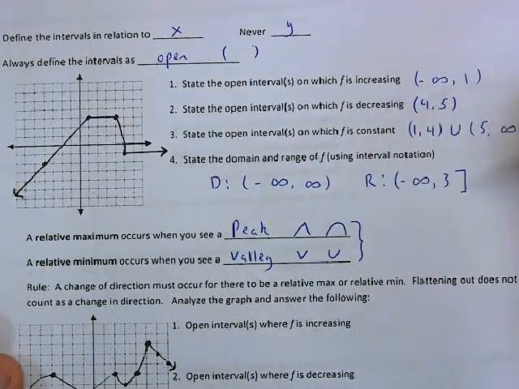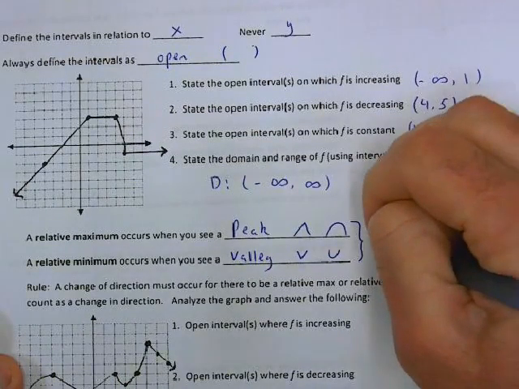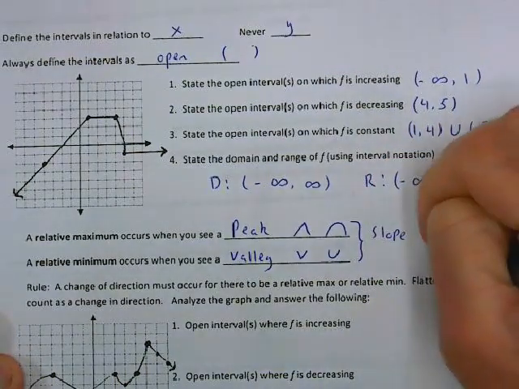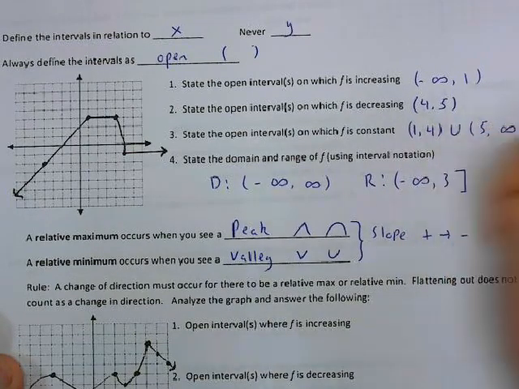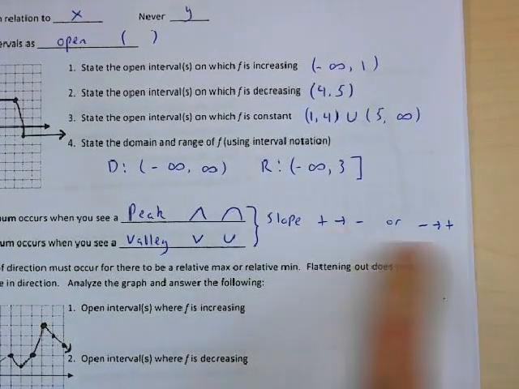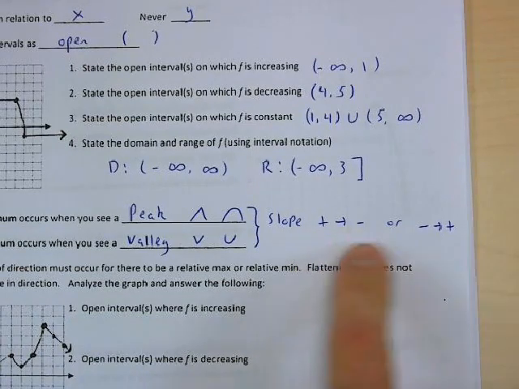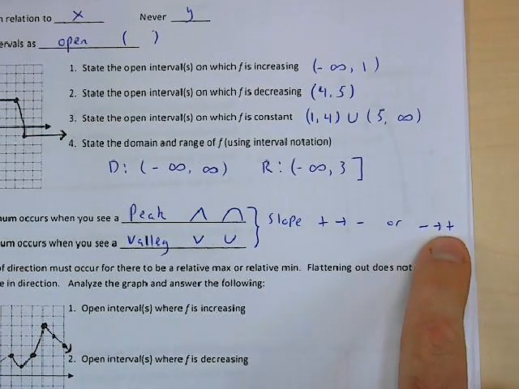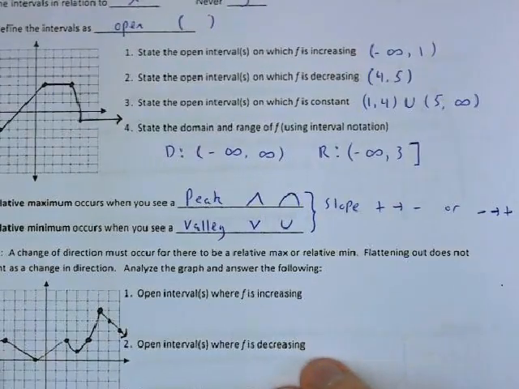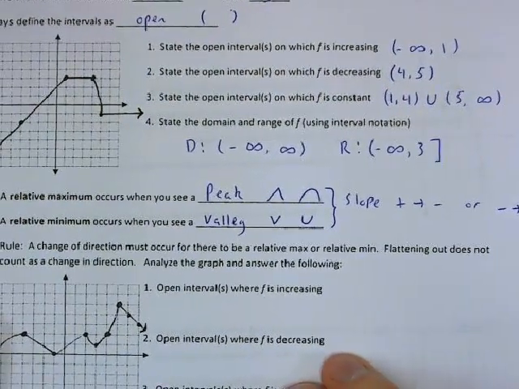Well, when our slope goes from positive to negative, or from negative to positive. So when our slope changes from positive to negative, or when it changes from negative to positive, we're going to get one of these situations, and that's going to give us a relative maximum or a relative minimum.